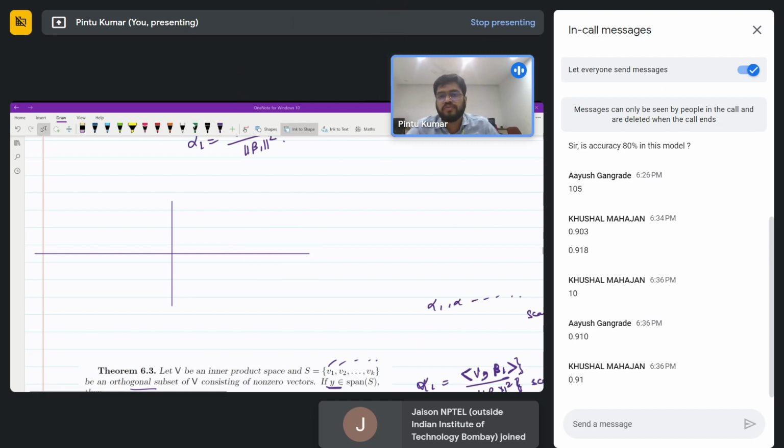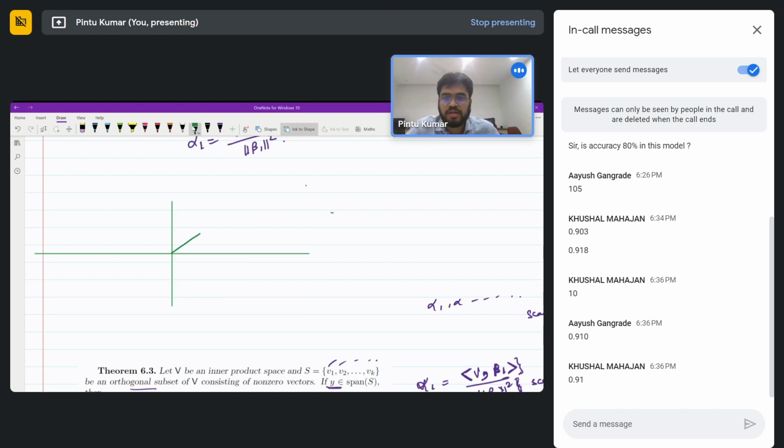Let's say you have some vector, and you want to write it in terms of E1 and E2, your standard basis. Let's say this point is x comma y. How do you write it? You write it as x times E1 plus y times E2.